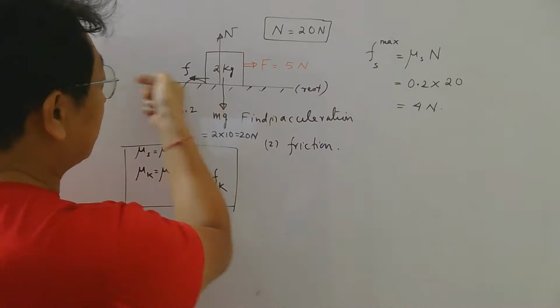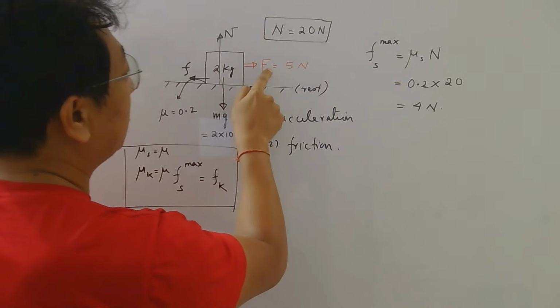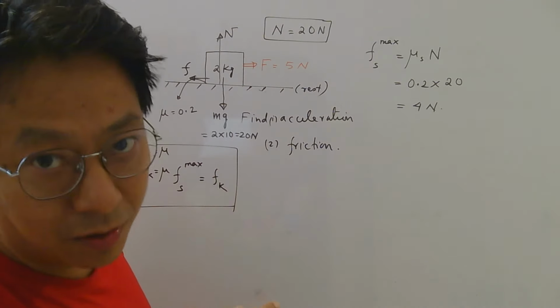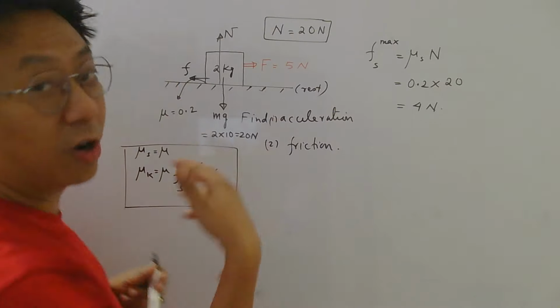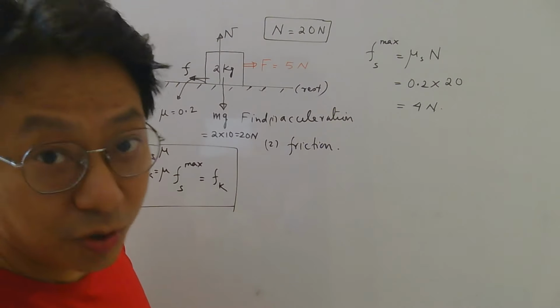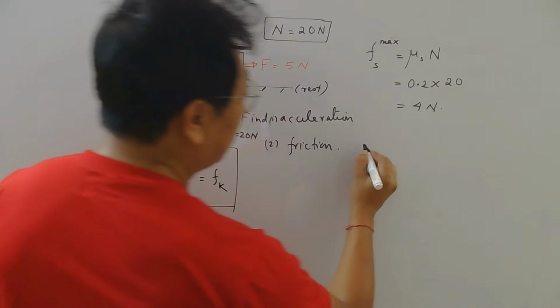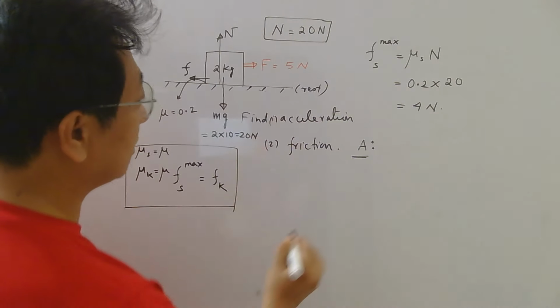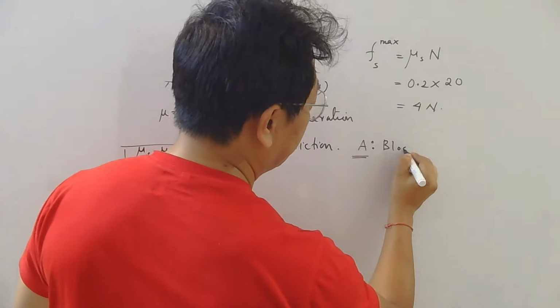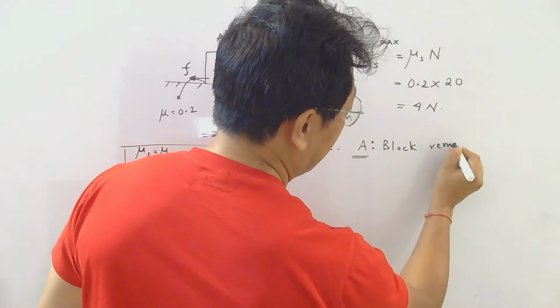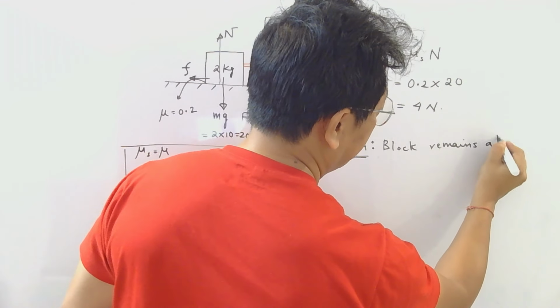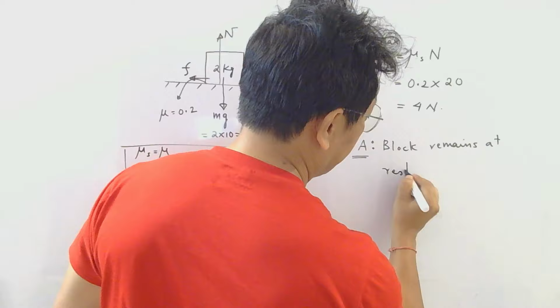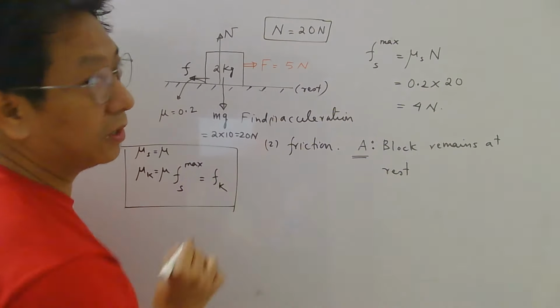So since there is friction, it is possible that this friction may be able to balance this, or it is possible this friction may not be able to balance this. So we don't know that, right? So first we will start with an assumption. And the assumption is the block remains at rest with respect to the surface below.